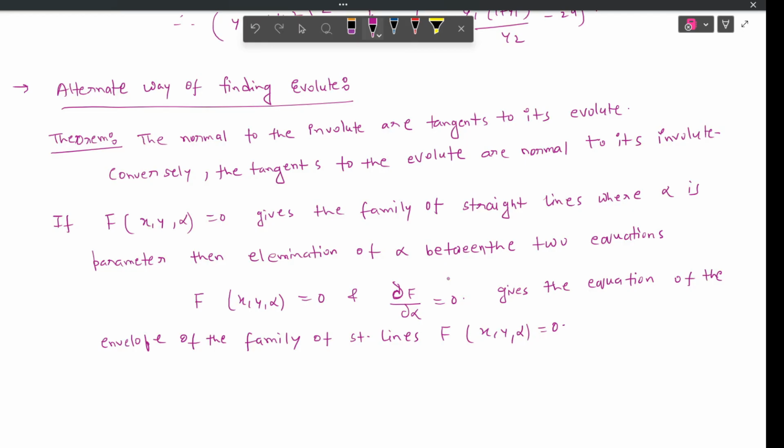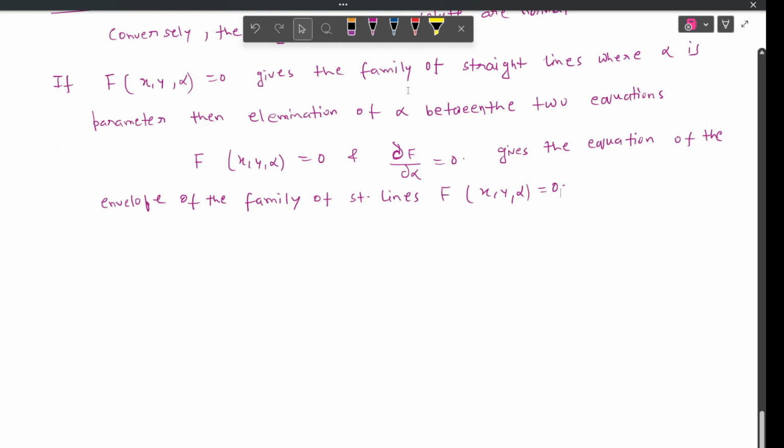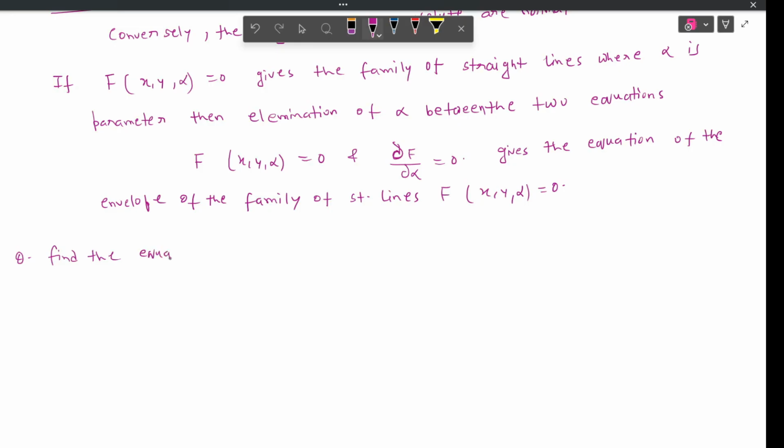Okay. Now let us see the same problem, and we will solve the same problem by the second method. So question is, find the equation of the evolute of the parabola y square equals to 4ax.